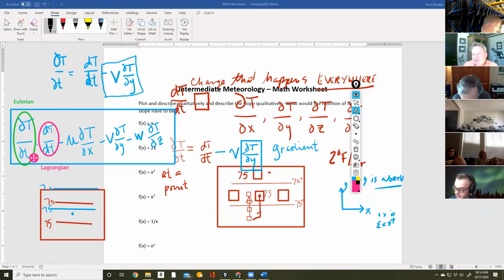Ask me the question: where's the T? You're like, how does it change with respect to time? So what they're saying is that there's a gap. You need to put something in there. So what I would do is I go d/dt, and then I just put T in the blank.